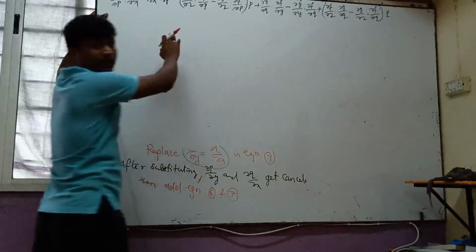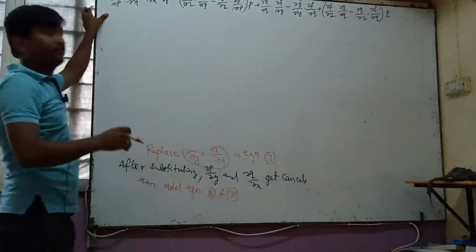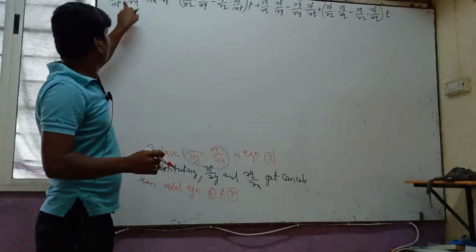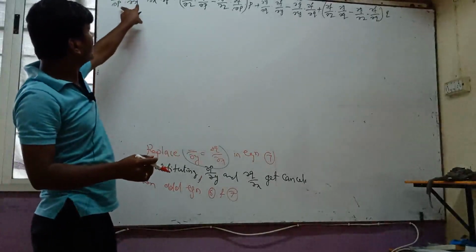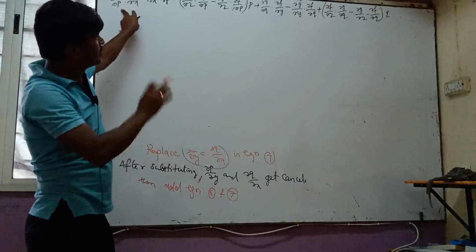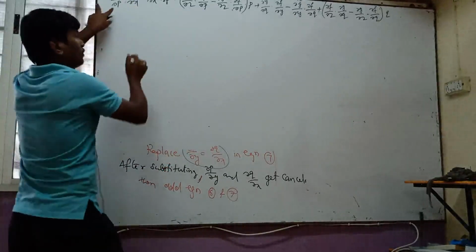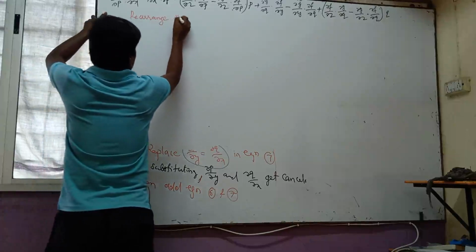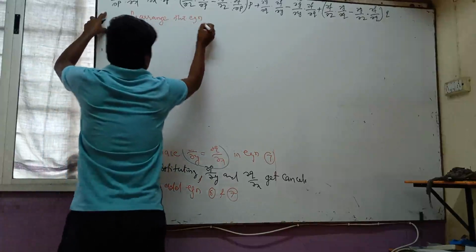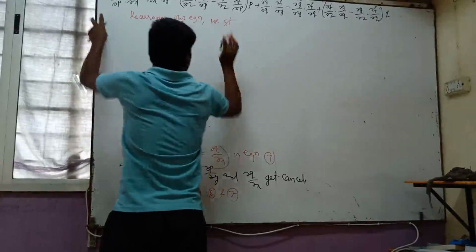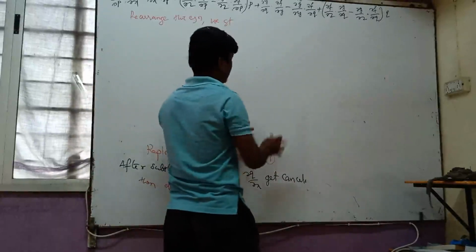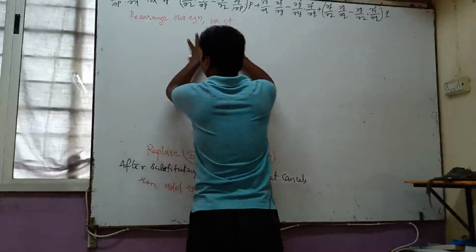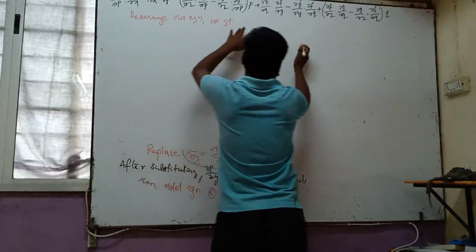So by this equation, dear students, after getting these equations, we just have to rearrange this equation. We get, see, before rearranging, I have to say one thing about this equation.